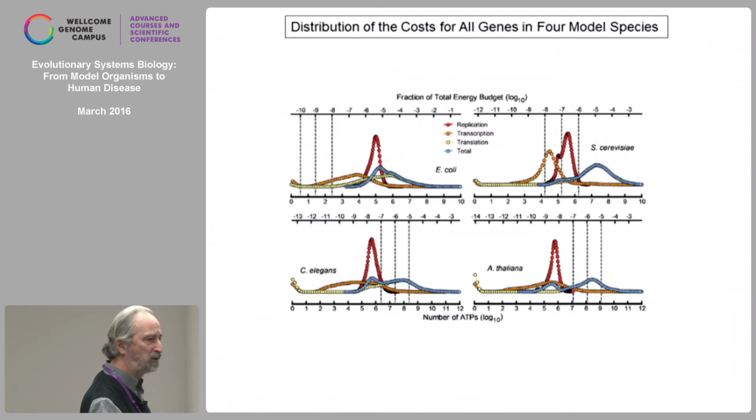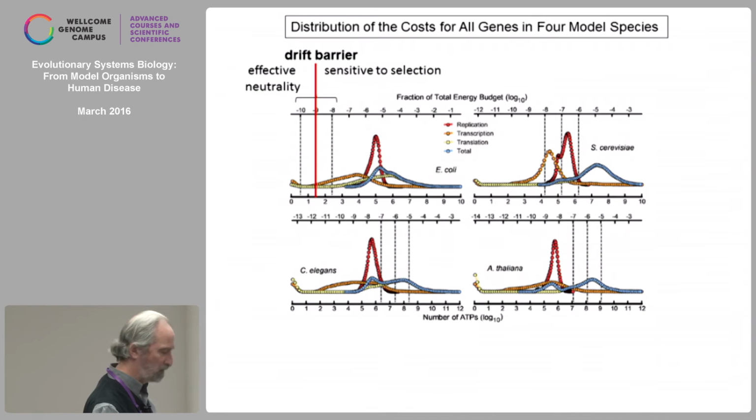So this is our benchmark in trying to understand whether the energetic cost of a gene is something that can even be felt by the cell, by natural selection operating on E. coli. The benchmark here is 10 to the 9th, and if a cost is to the left of that, it's too small to be seen by the eyes of natural selection. And if it's to the right of that, the energetic cost can certainly be seen by natural selection.